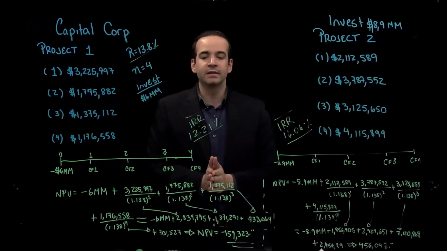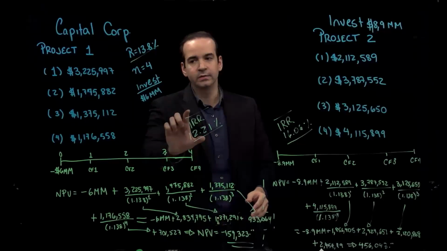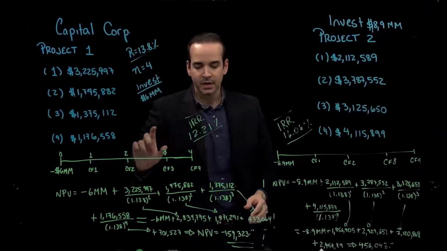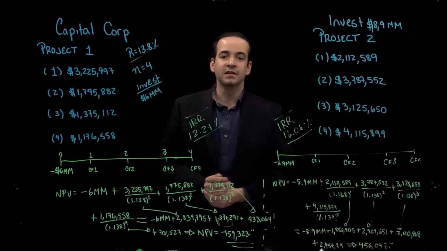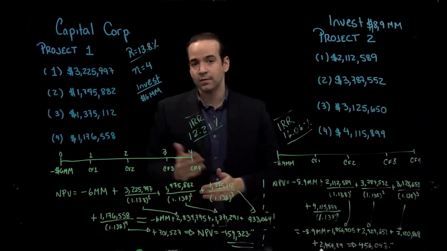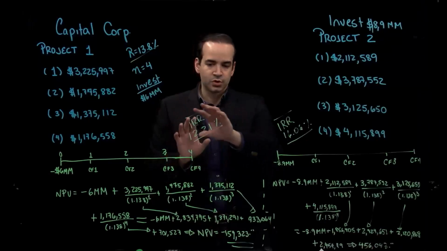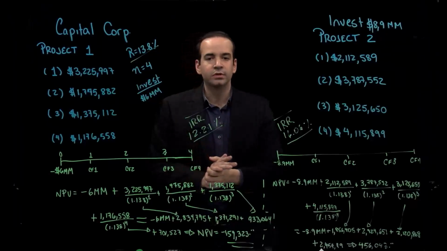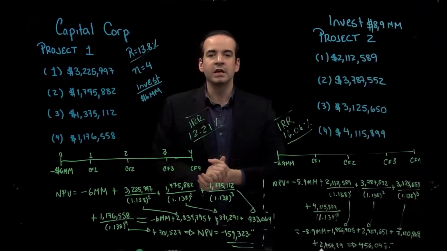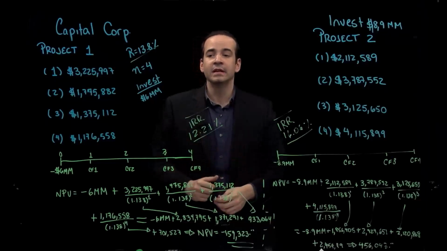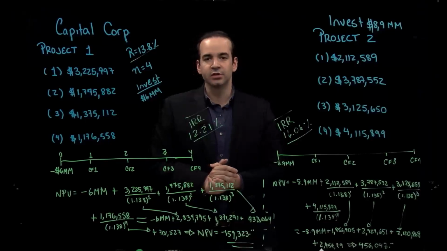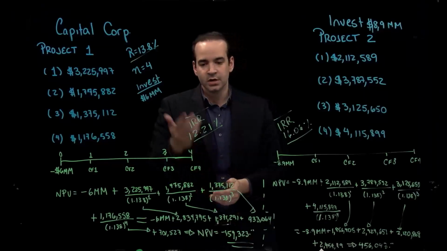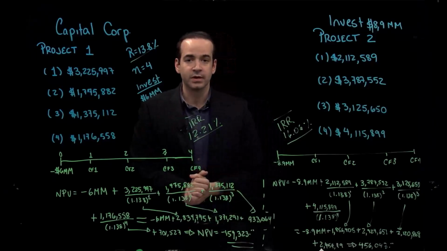So you may find some cases in which the internal rate of return suggests that a project is feasible, whereas NPV does not, or vice versa. In the video related to internal rate of return, we're going to see why this happens and how to reach a decision in such cases, in which both of these methods disagree.